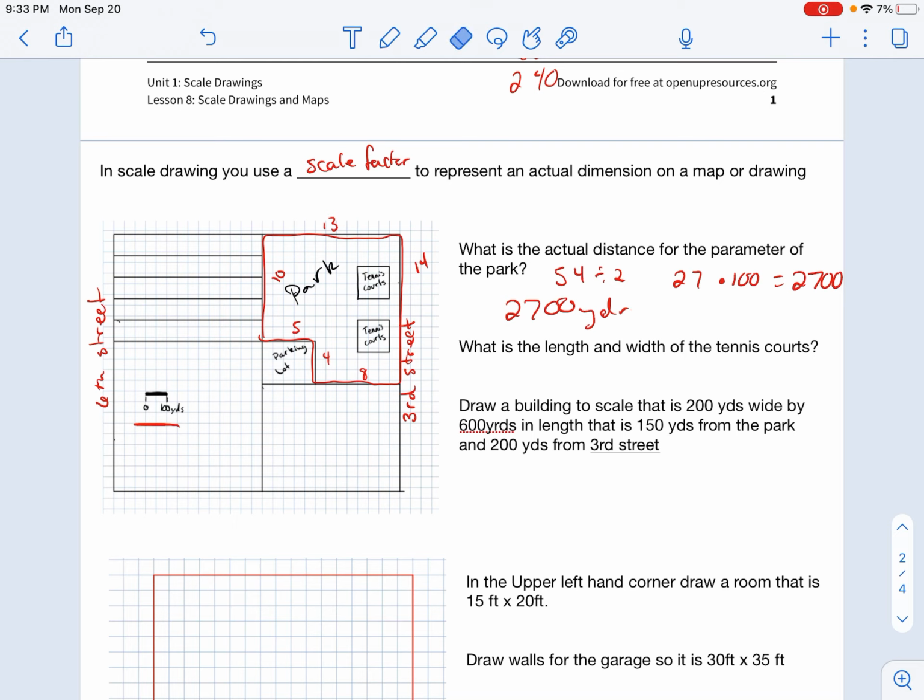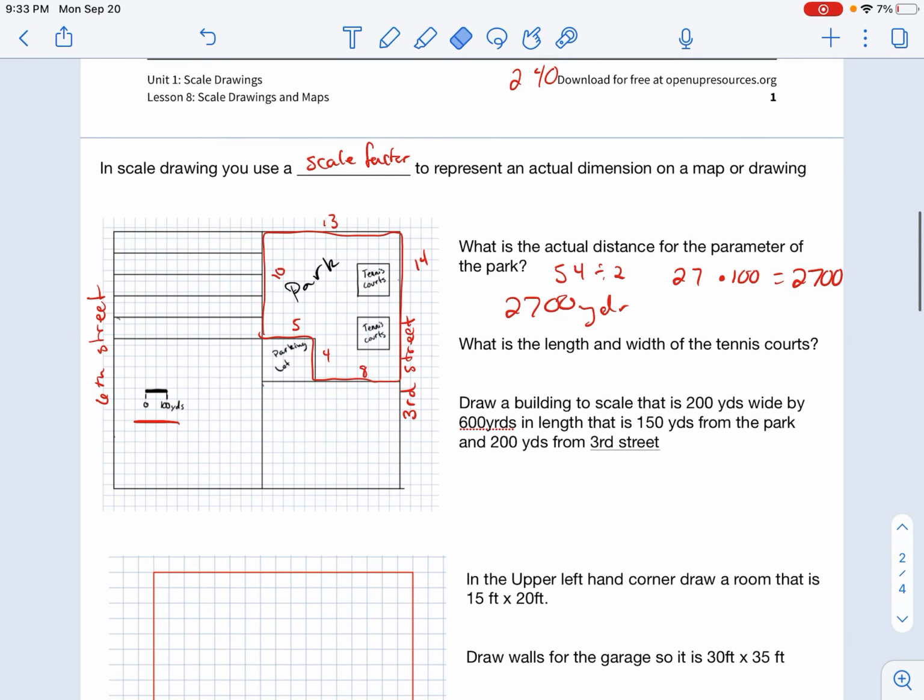Okay, the next question says, what is the length and width of the tennis courts? If you notice, here are the 2 sets of tennis courts. They are the same dimensions. So it's 3 squares by 3 squares. On the height, you'll notice that we're off on the squares a little bit, but if you add the part on the top with the little chunk on the bottom, that's going to be a full square. So it's a 3 by 3.